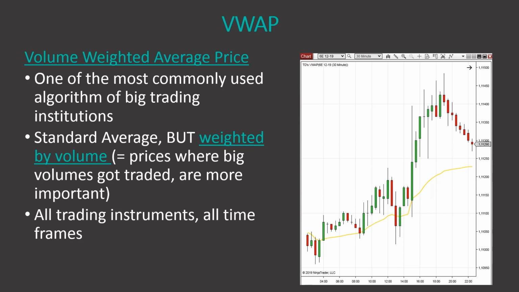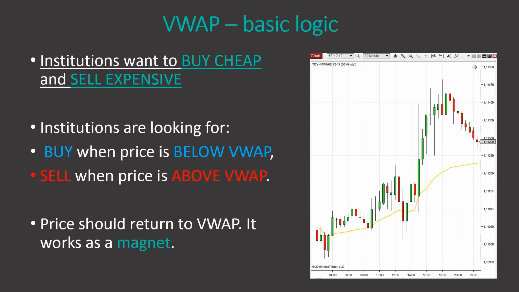All right, so let's get into the basic logic of VWAP. Now, the basic logic is this. Institutions want to buy cheap and sell expensive. Everybody wants to buy cheap and sell expensive, right? But this is the basic logic behind the VWAP, because this is how the institutional algorithms actually work. Institutions are looking for a buy when the price is below VWAP.